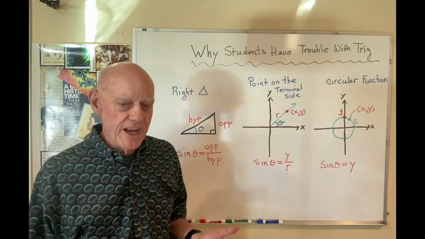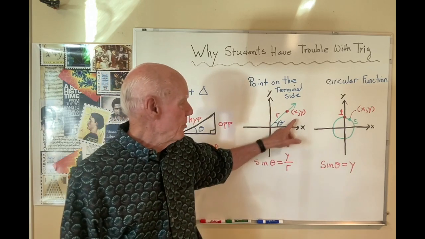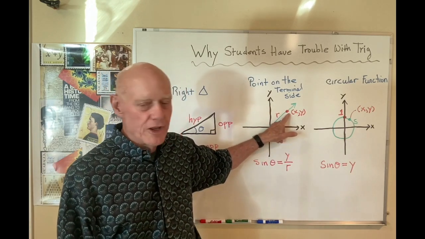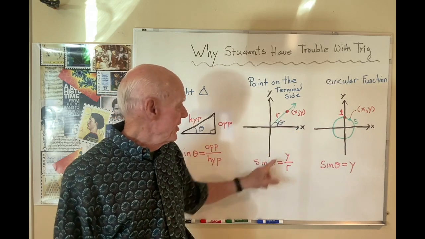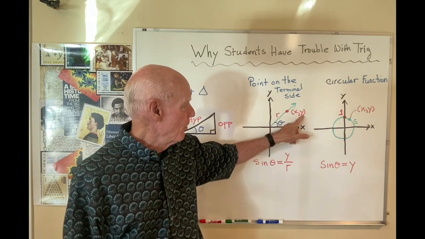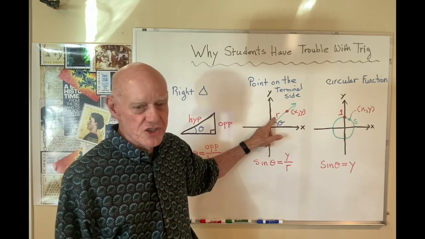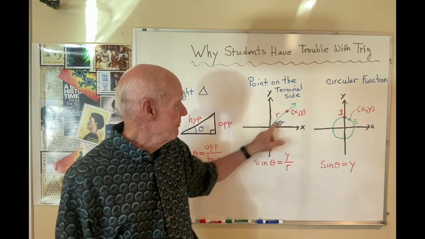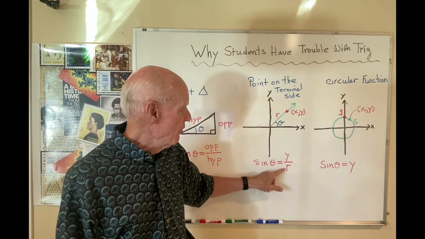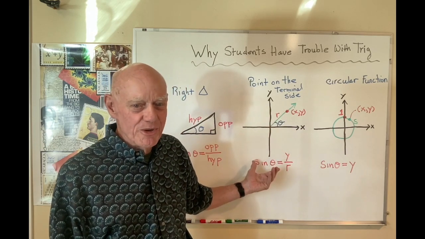If theta is an angle in standard position and the point x, y is a point on the terminal side of theta, then the sine of theta is the ratio of the y coordinate to the distance out to the point from the origin. So it's y over r. There's no easier way to say it.